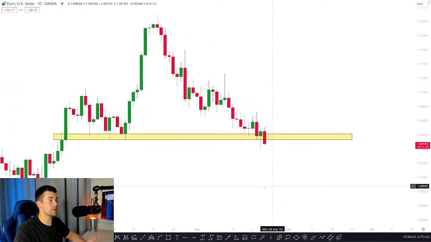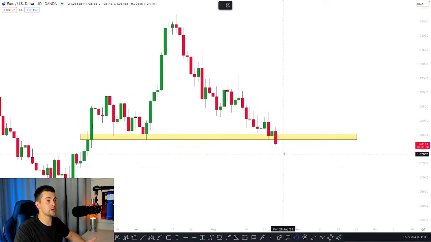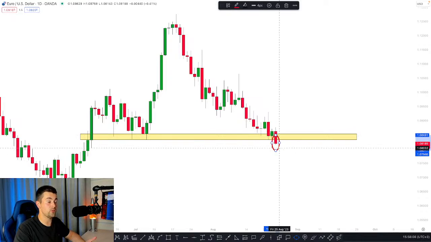What is happening with the pair today is a new breakout attempt of that structure, and you can see that again we are trading below the lower boundary of that support.